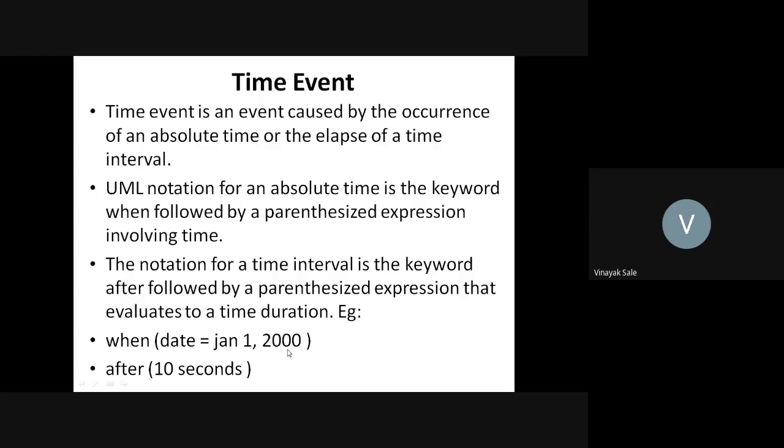But if the time is 11 o'clock at night, 11:59 and 50 seconds, then after 10 seconds the date will be changed. It depends on time. So at which time does the event occur? It is important. So a time event is an event caused by the occurrence of an absolute time or the elapse of a time interval.